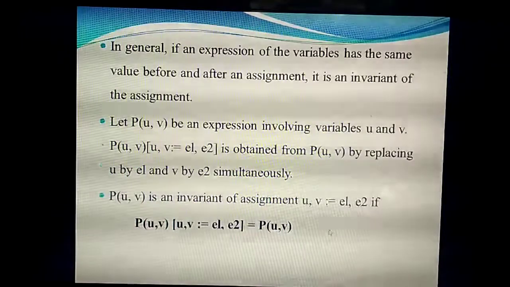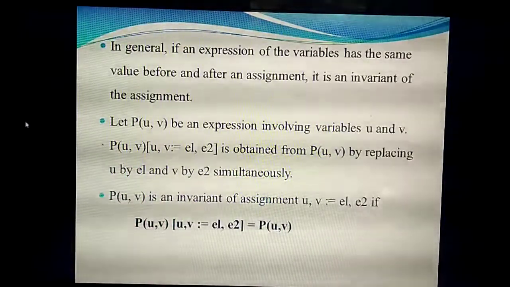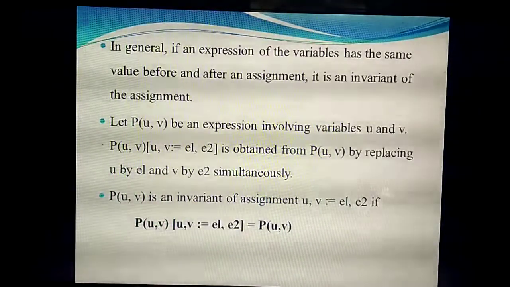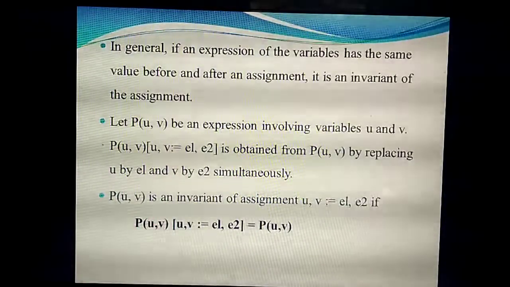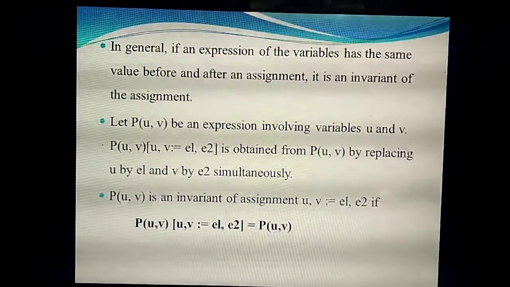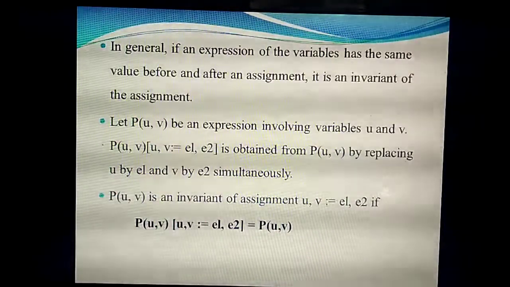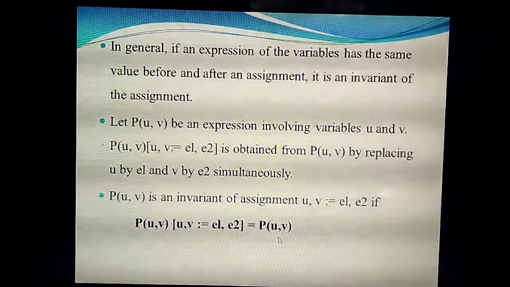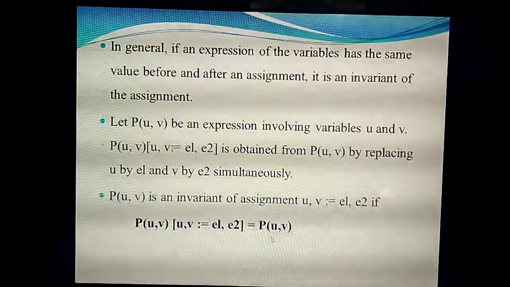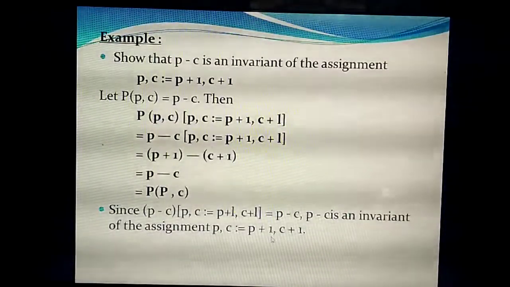Isn't it? When will you say invariant? Before, the value they have given in the question is P of U comma V. But after assigning, you are changing U comma V to two values E1 and E2. But after the assignment also you need to get the same answer P of U comma V. Then we can say this loop is called invariant. Understand?